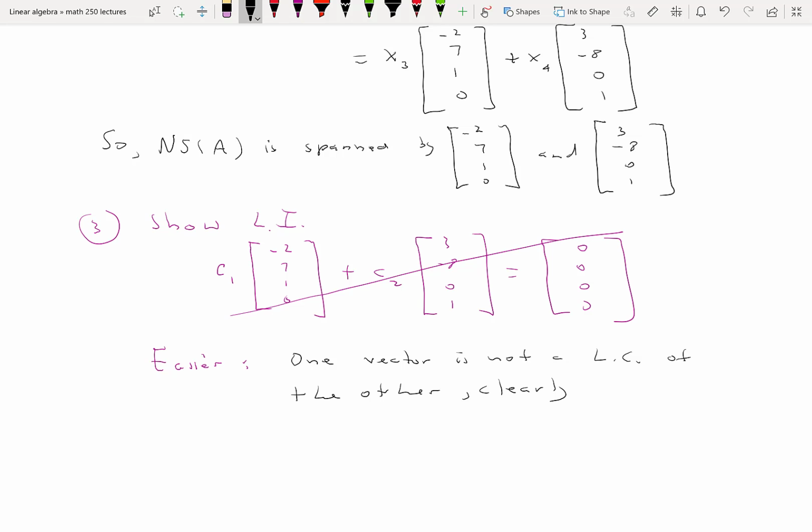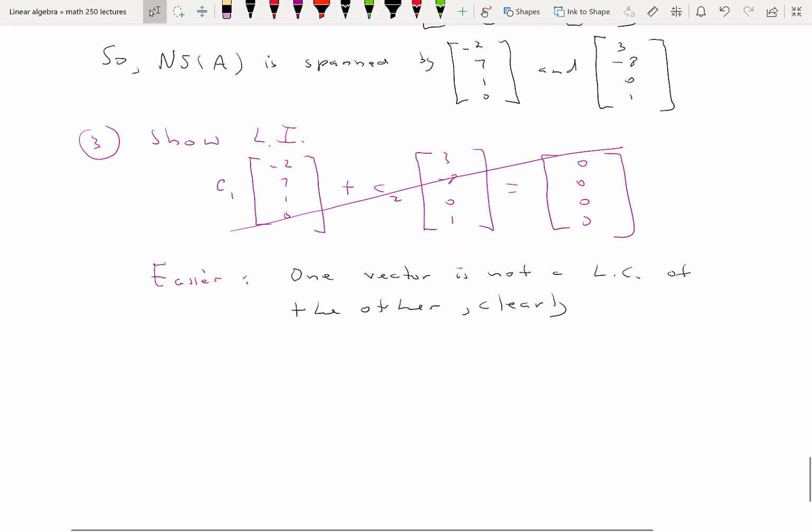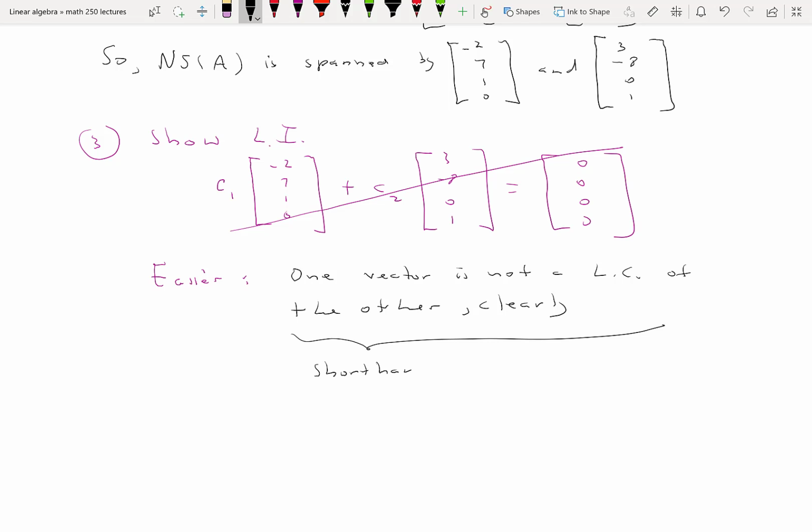Okay, there's a shorthand term for this, and it only works for 2 vectors. Keep in mind what I just said. It's fairly common for students to try to use this terminology for 3 vectors. There's no such thing.